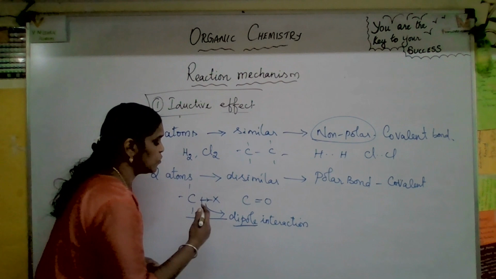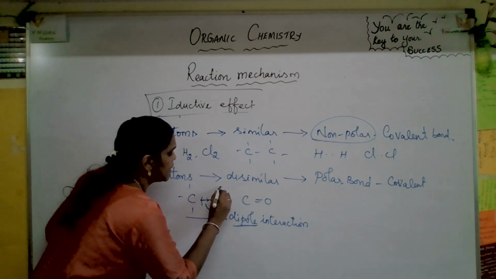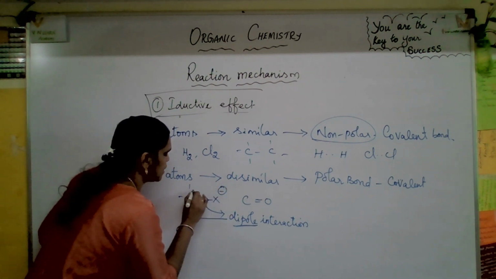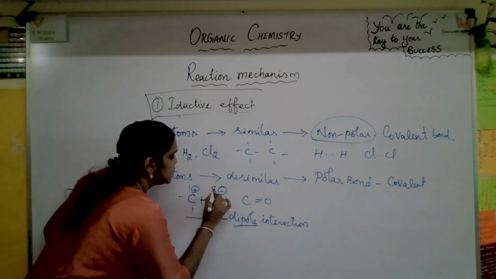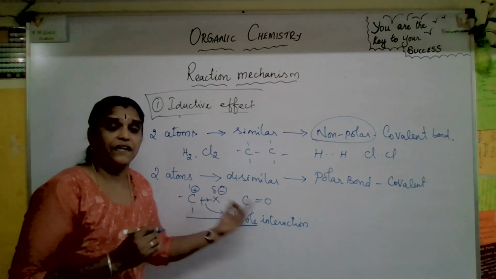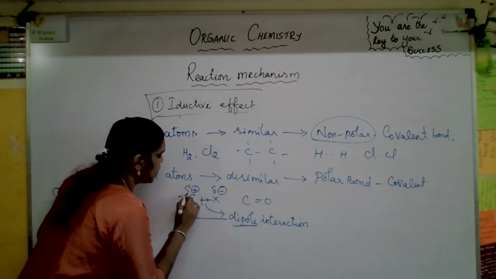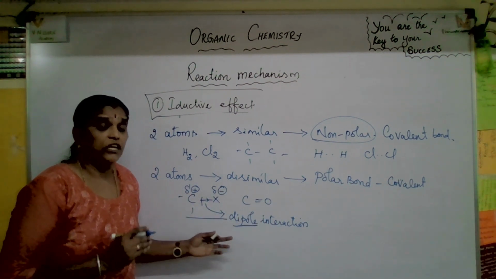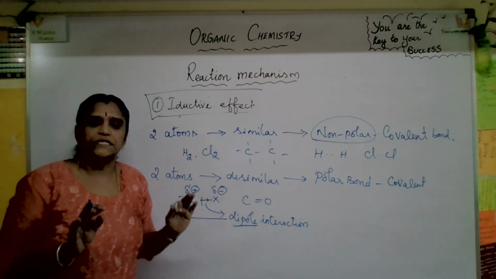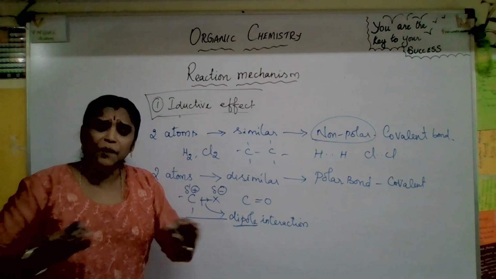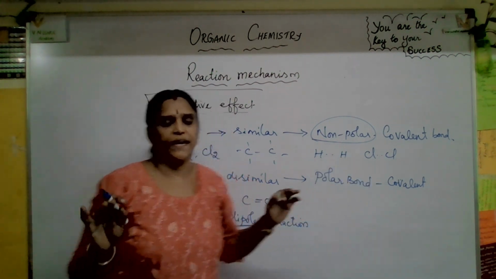That means electrons are moving forward to that halogen. So here a minus charge and here a plus charge, but only a slight variation. That is delta negative and here delta positive. This generally happens in the carbon chain only.